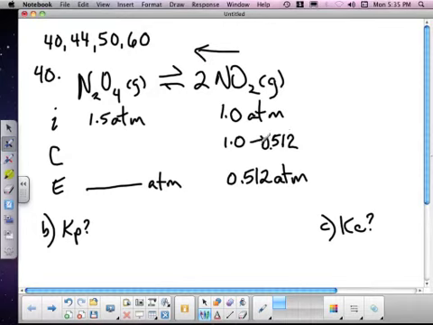So the amount I lost of NO2 is 1 minus 0.512, which means that I lost 0.488. And if I lost this for NO2, I'm going to lose half of that for N2O4 because it's 1 to 2. I'm sorry, I'm going to gain half of that because I switched in this direction. It's a little different.